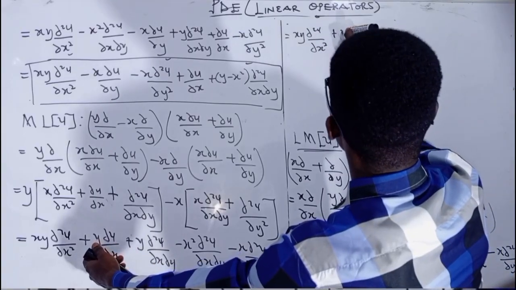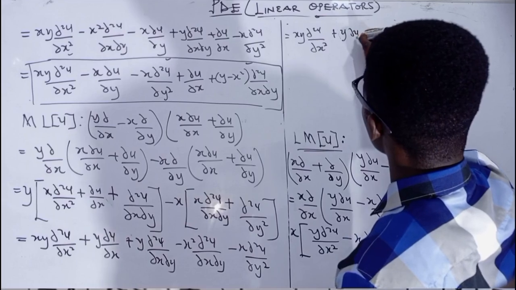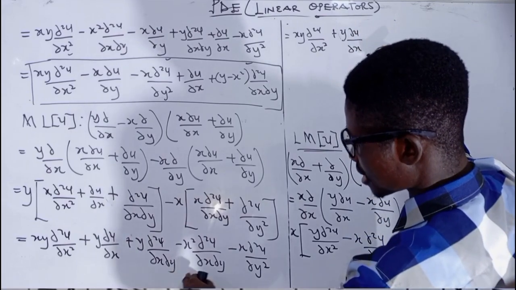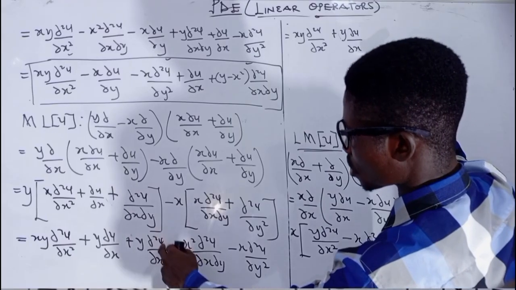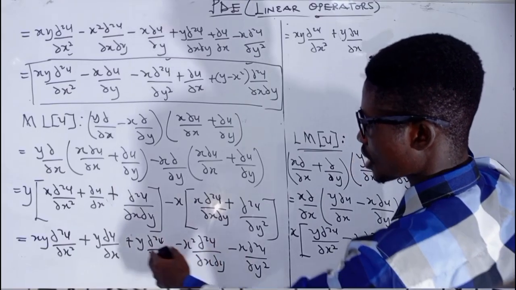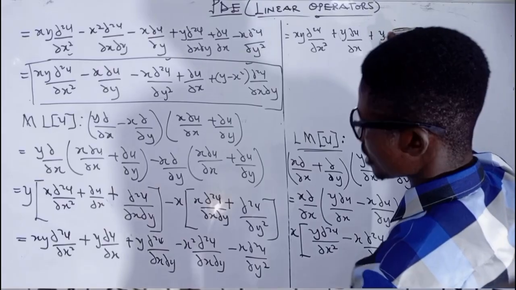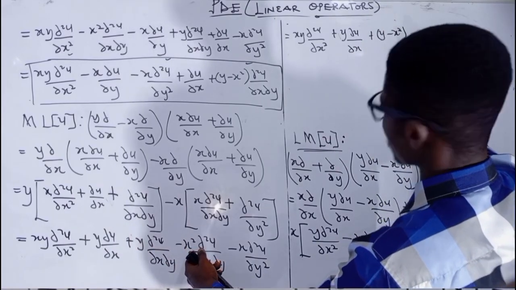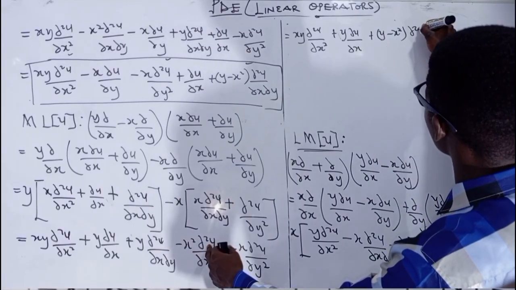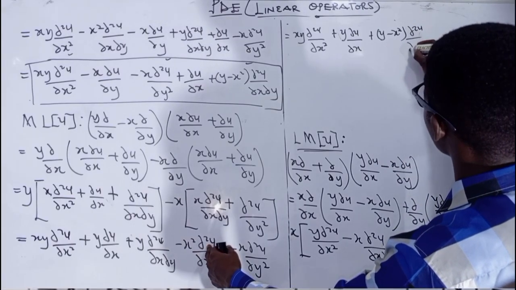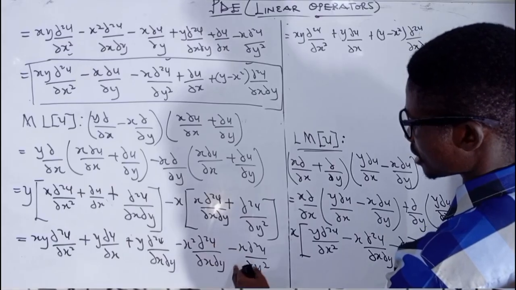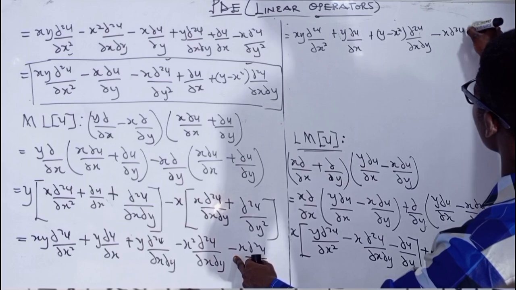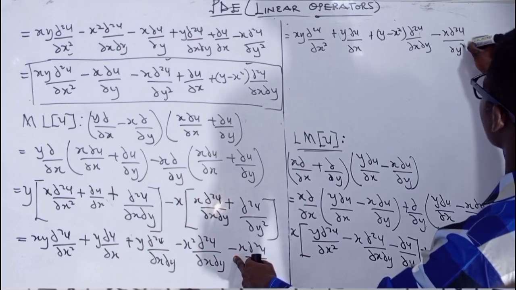Then we have plus y ∂u/∂x. Now we have the ∂u/∂x, the ∂u/∂x. We have the ∂²u as well, and then the ∂²u. So we can factorize y. This is y minus x². Then we pick one of the ∂²u/∂x∂y. Then we add our last term, x ∂²u/∂y².